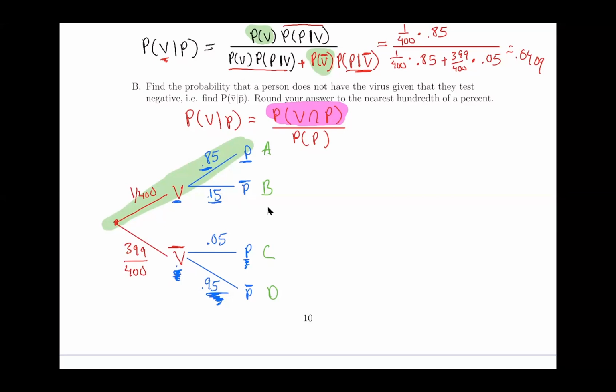So what you have to do for those, to get that probability you have the virus and tested positive, we have to multiply those two probabilities.